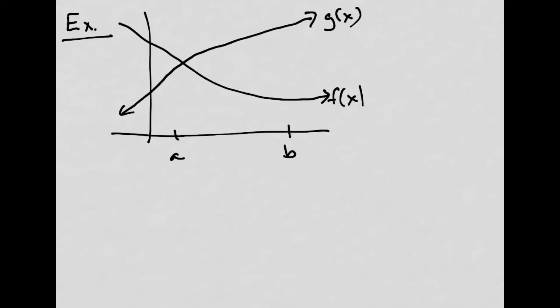Now, what's important here is that g of x is greater than f of x specifically on the interval from a to b. We don't care about anything to the left of a or to the right of b.